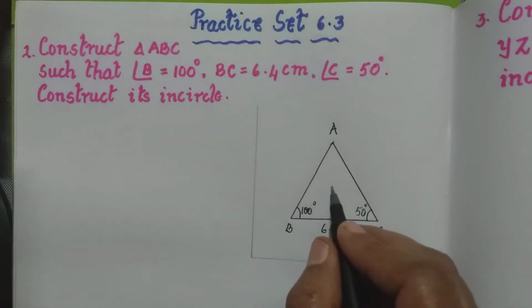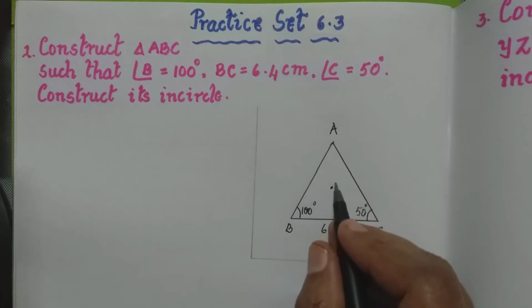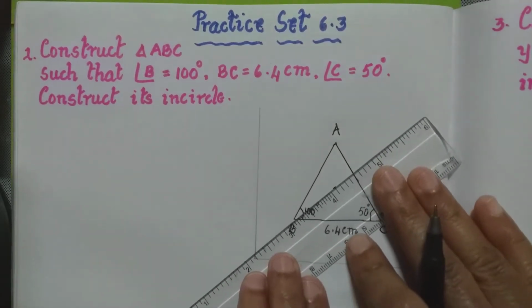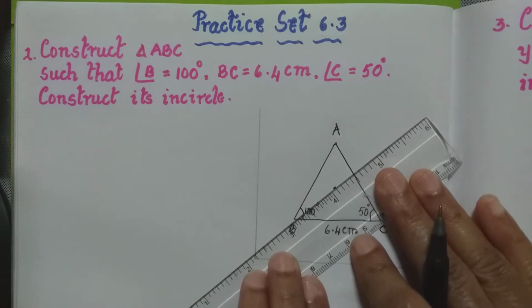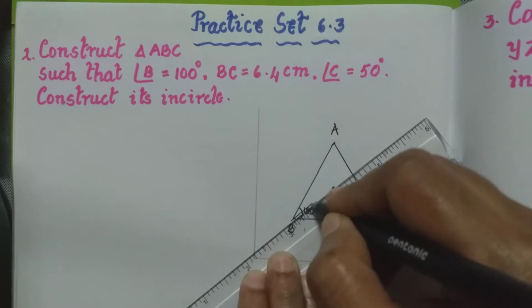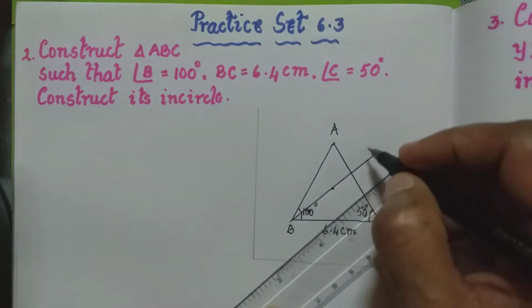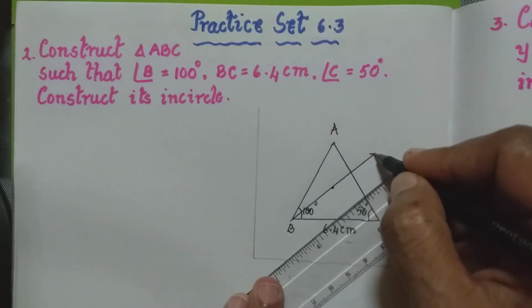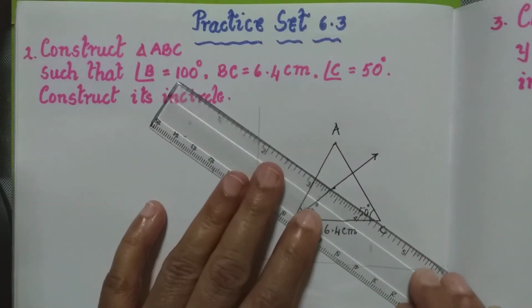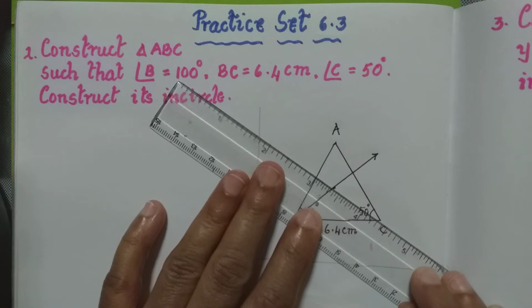Now I said that incenter is the point at which the angle bisectors meet. So suppose we have drawn the angle bisector of angle B here. And we draw the angle bisector of angle C this way.